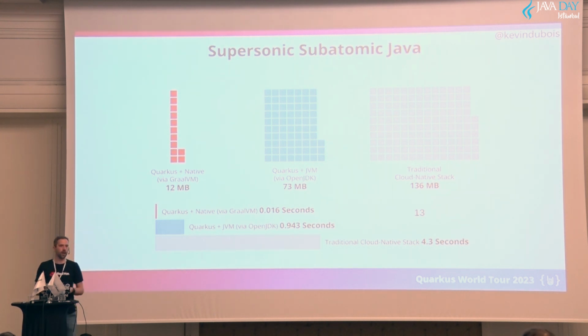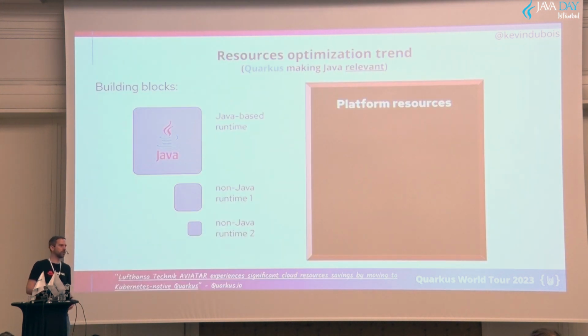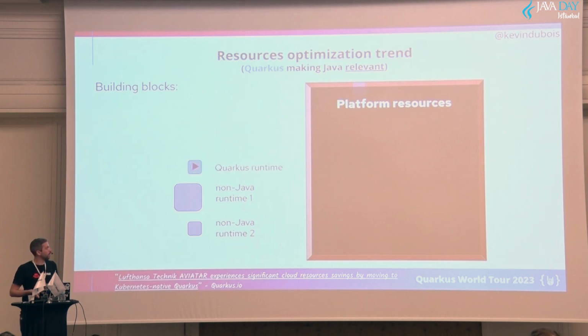That's more appropriate for cloud-native applications that need to start up fast. Nobody's going to wait for a website that loads its stuff in 1, 2, 3, 4 seconds. That's not what we want, right? So Quarkus helps with that. We can keep using our Java skills and take advantage of the best of breed in terms of cloud-native runtimes.